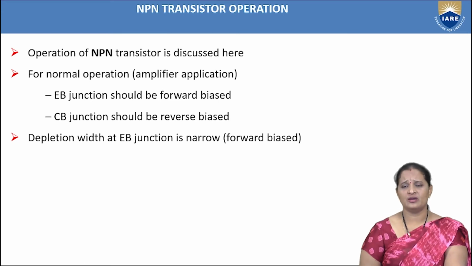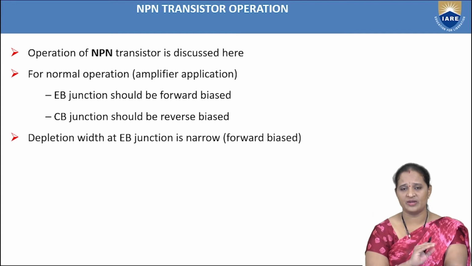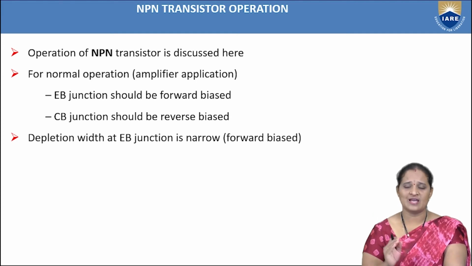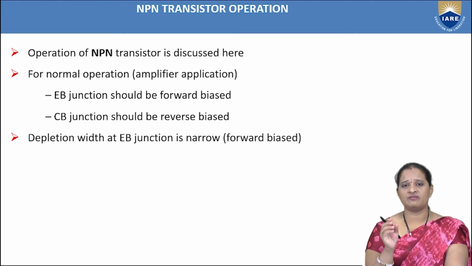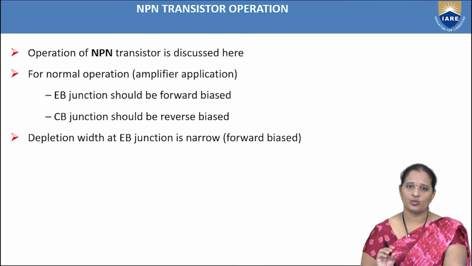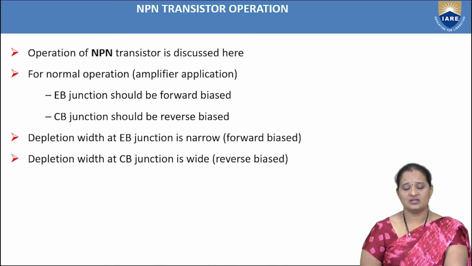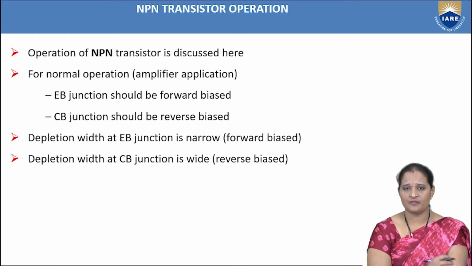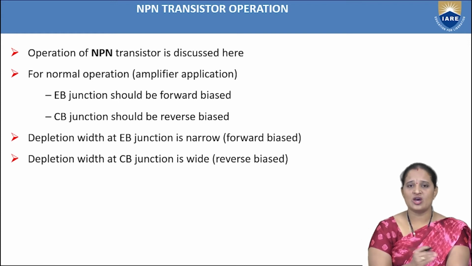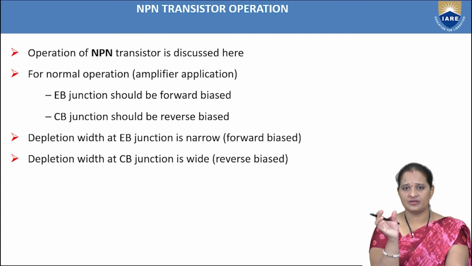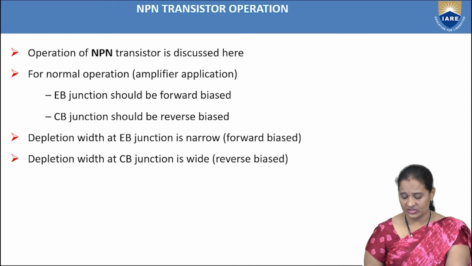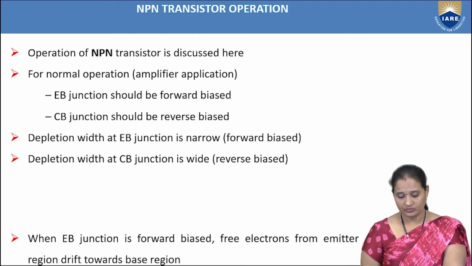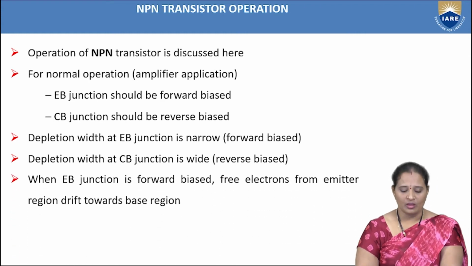As I am providing forward bias to the emitter to base junction, the junction formed between the emitter and base terminal, the width of the depletion region will be narrow. Whereas the collector to base junction is always reverse biased in order to perform the amplification operation. So as the junction is reverse biased, the width of the depletion layer at the collector to base junction will be wide. That we have to remember.